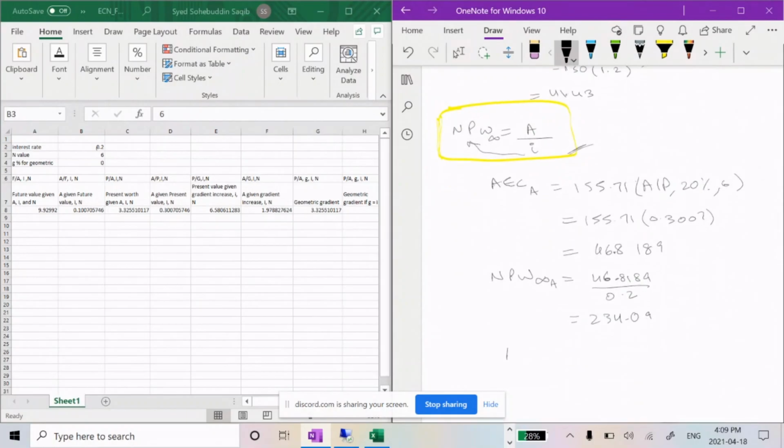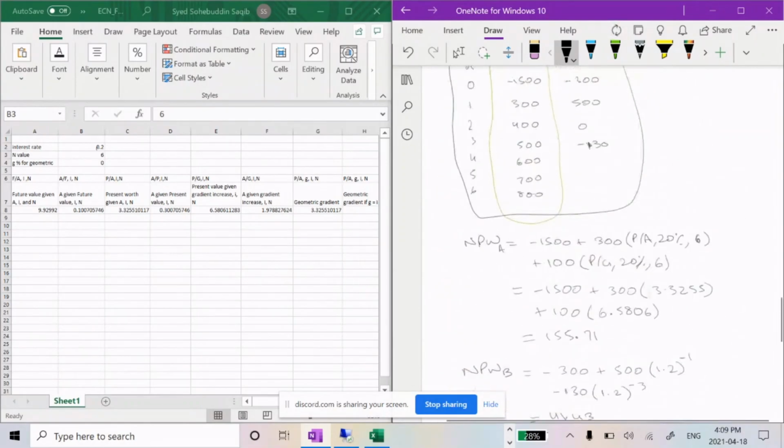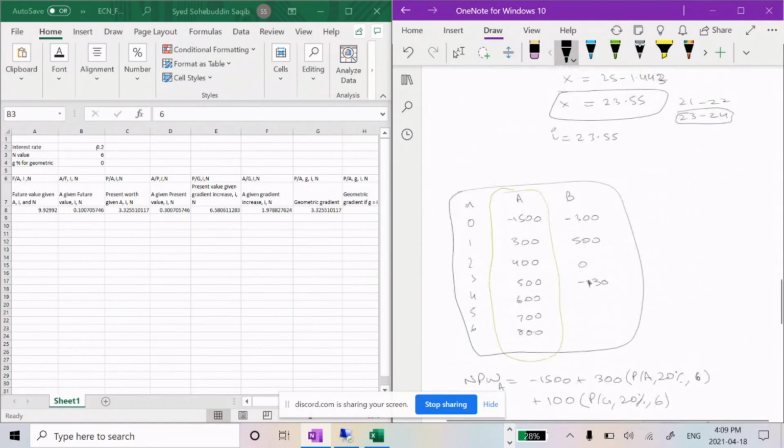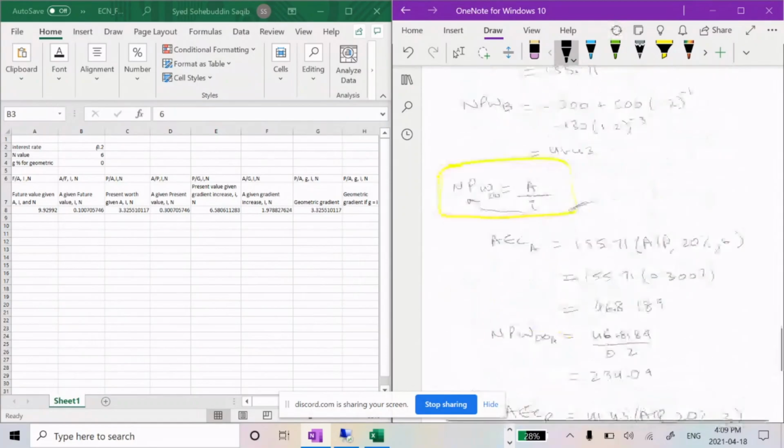We do the same thing for B. We find the annual equivalent cost for B, whose present worth is 41.43. Find A given P at 20%, and B is only for 3 periods, because if you see, this cycle is just 0, 1, 2, 3. It's only for 3 periods.